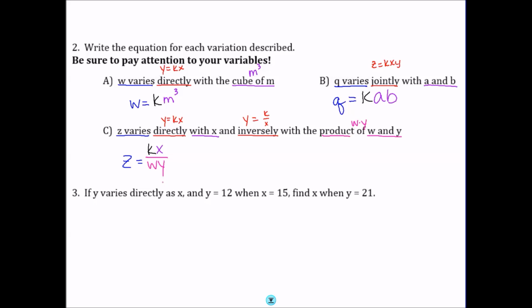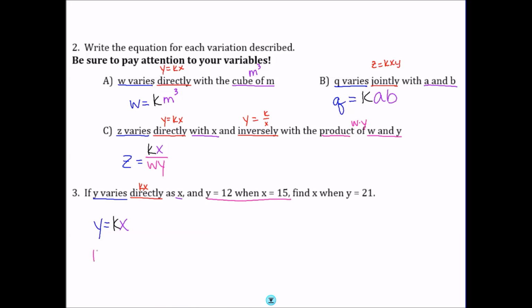Problem number 3 says, if y varies directly as x and y equals 12 when x equals 15, find x when y equals 21. So first we need to write our equation. We have y varies directly. So we have y equals k times x. We know that y equals 12 when x equals 15.